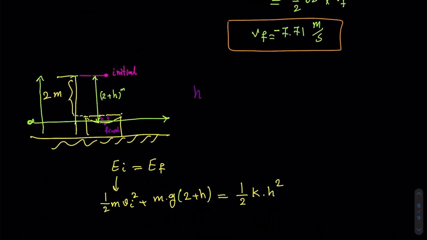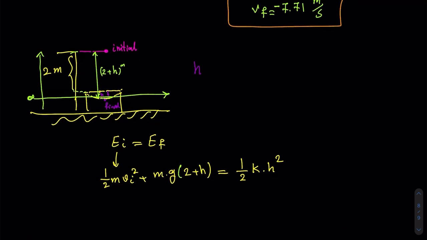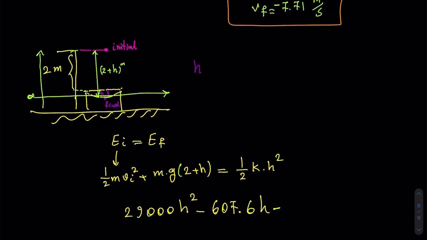Then we replace them with numbers, nothing more. We replace them with numbers, and then we will get to this equation, which is 29,000 h squared minus 607.6 h minus 1842.94 is equal to 0.